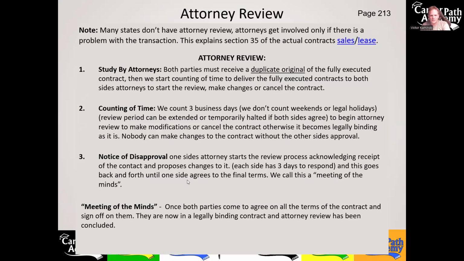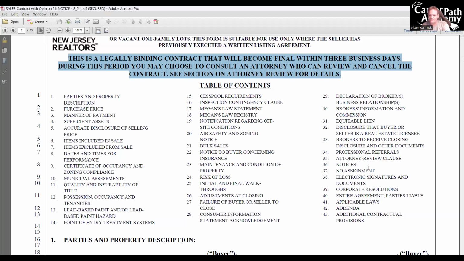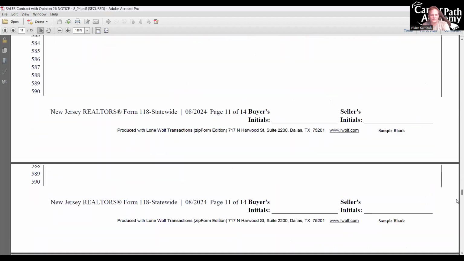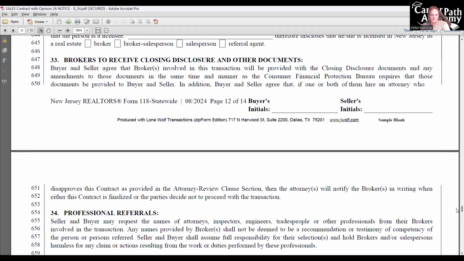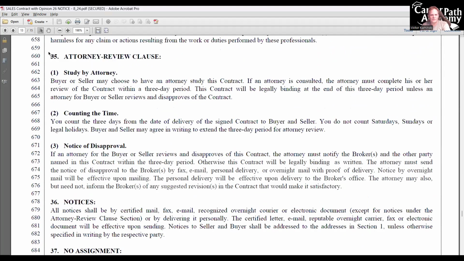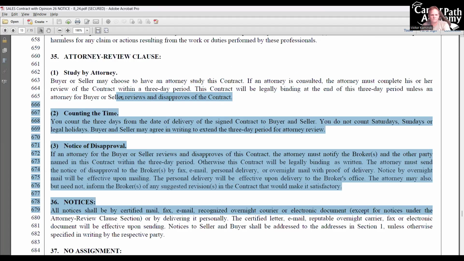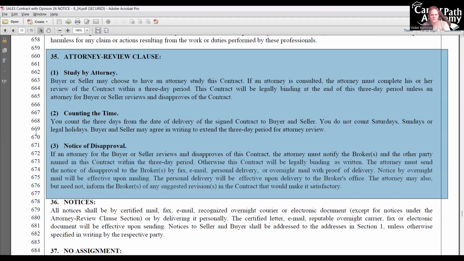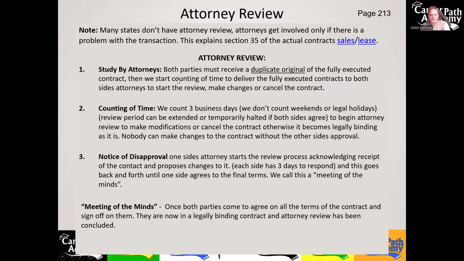So if we scroll down to 35, we can see it looks very similar to what we're showing here, right? Here we go. Study by the attorneys, counting of time, and notice of disapproval. You see, it's the same thing.